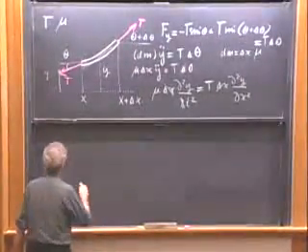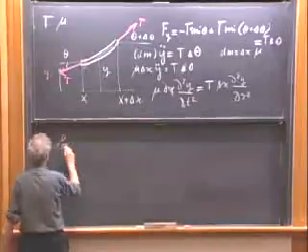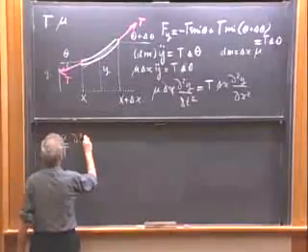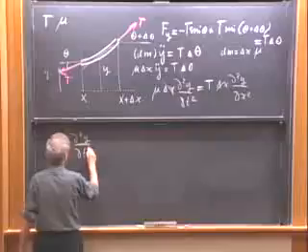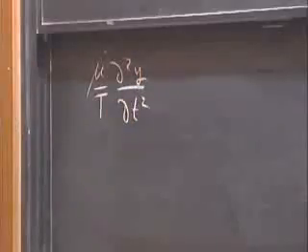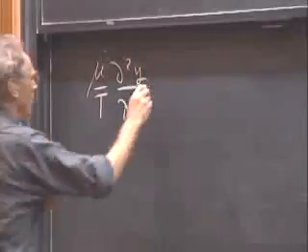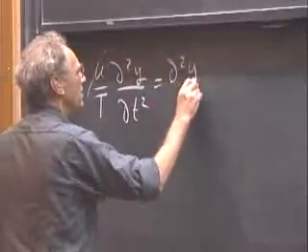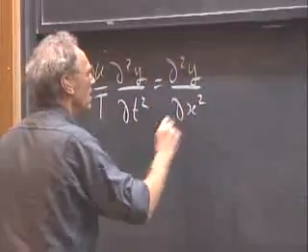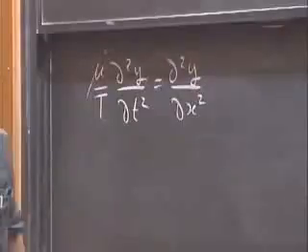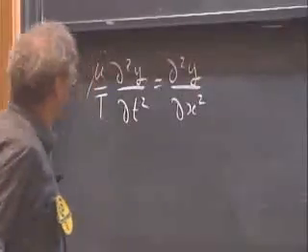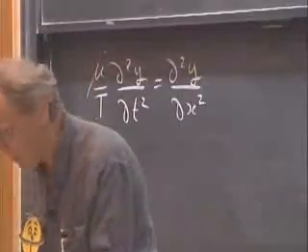So now what you have is that mu divided by t times d2y dt squared, constant value of x, is now d2y dx squared. And believe it or not, this is a big moment in our life.